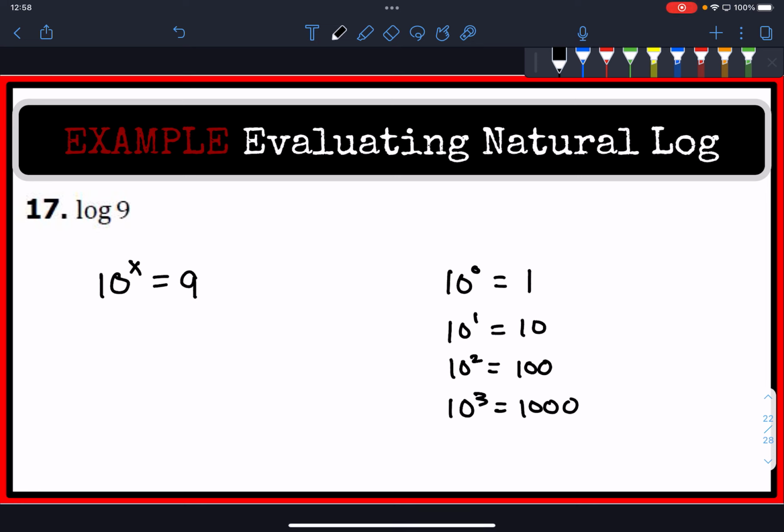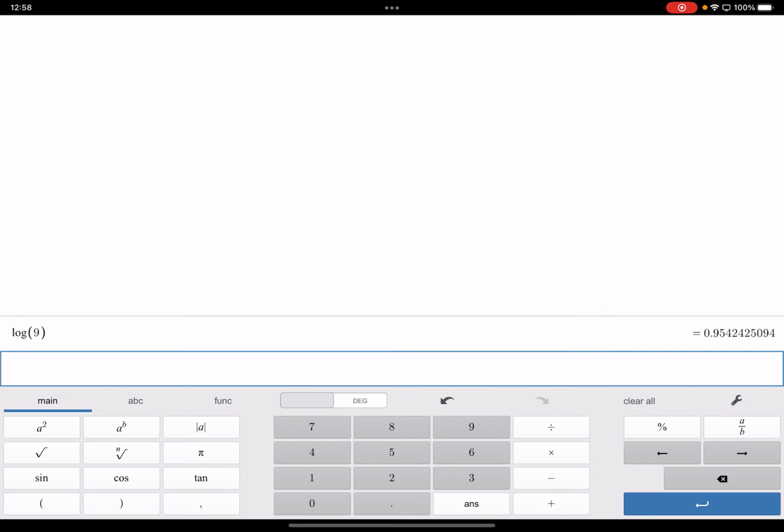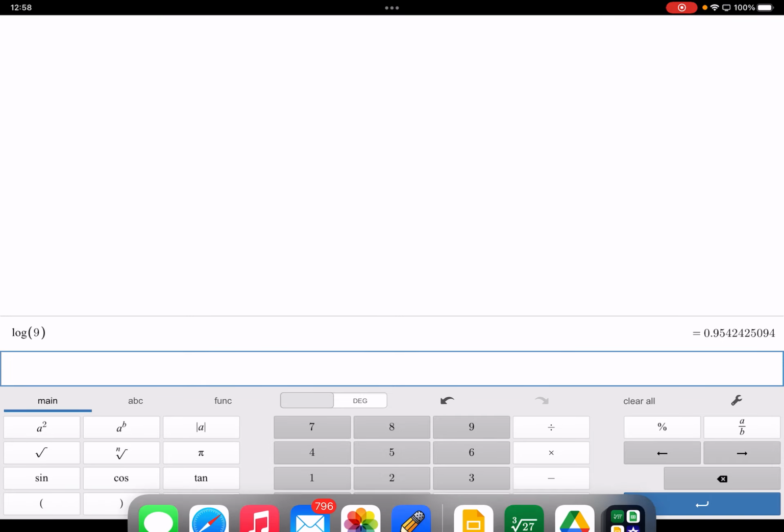So here the only way to calculate this log is to use a calculator, because this value for x, this exponent I'm raising 10 to, is going to be some irrational number, and specifically this irrational number is close to 0.954.